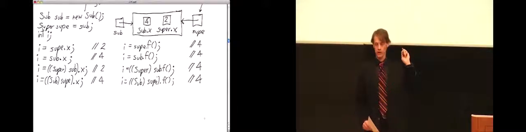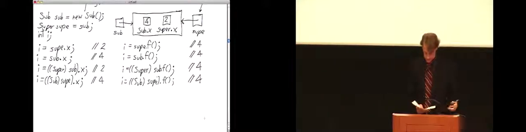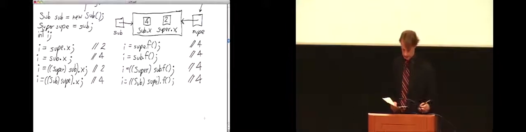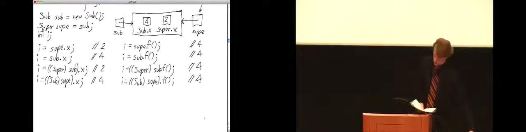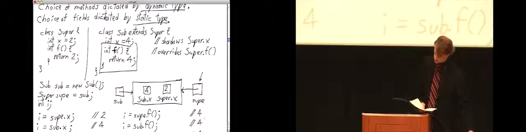Coming back to the left-hand side, field shadowing, sometimes the variable that you want to work with is this. And so if it's this, then this works the same way. Let's suppose that we have in the subclass another method. So in here, in the subclass, I'm going to have a method g.